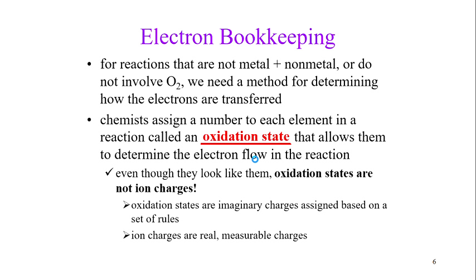We are going to work on oxidation state or oxidation number. Your textbook prefers to call that oxidation states because we don't have a real number in chemistry. We call that oxidation number. This is an imaginary number. So it doesn't exist like the ion charge number.